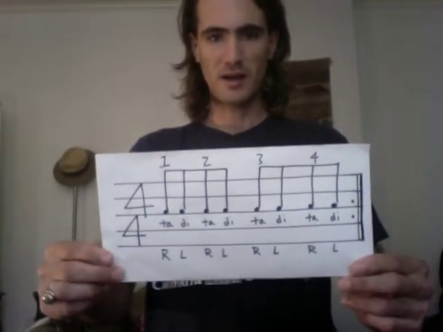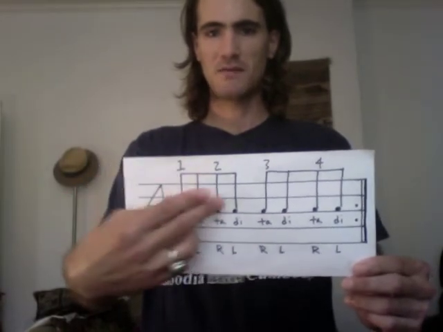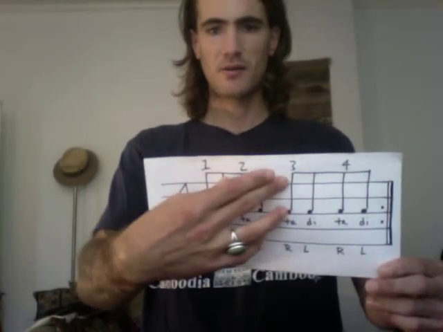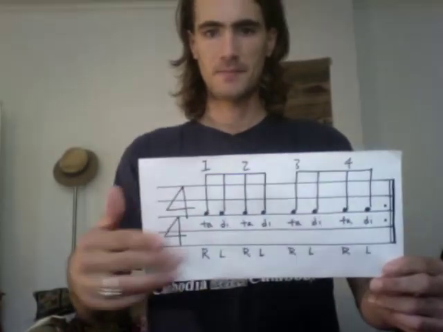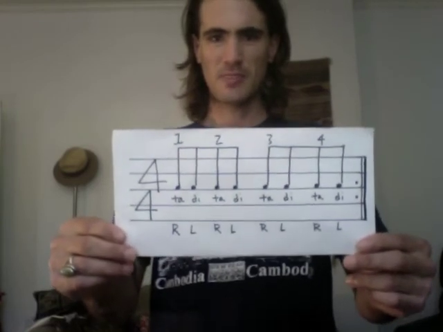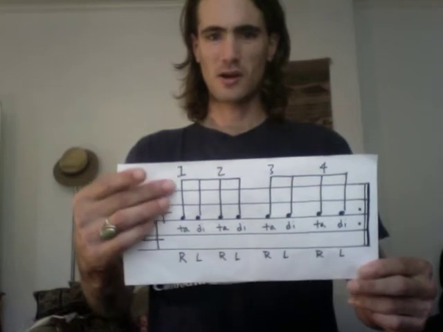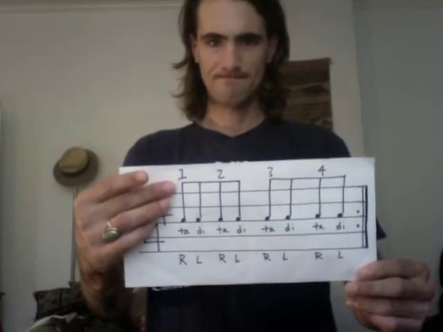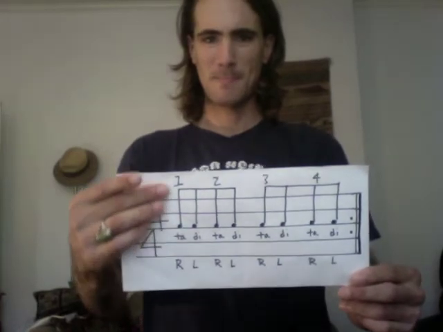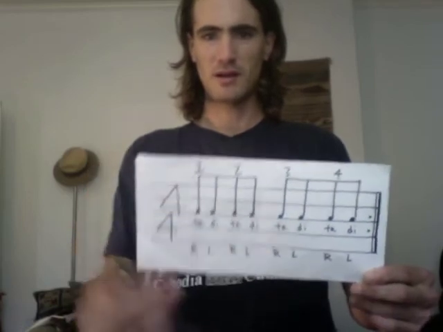Another thing I have done is to write out the names of the beats. First beat, second beat, third beat, fourth beat. So you can see that the downbeat, the eighth note occurring on the beat, the eighth note named ta, happens on beat 1, beat 2, beat 3, and beat 4.